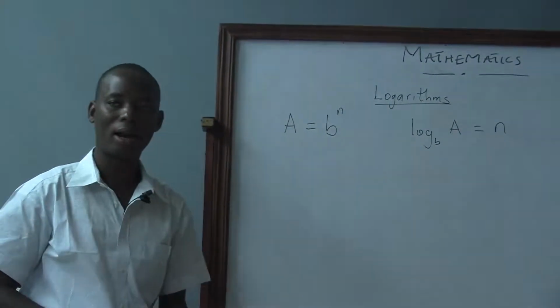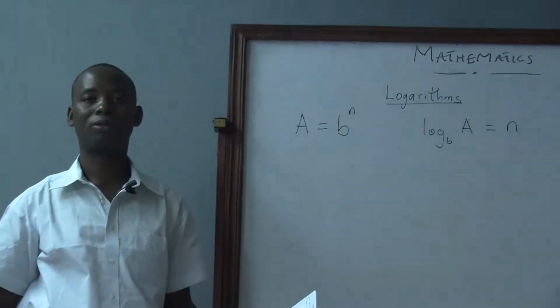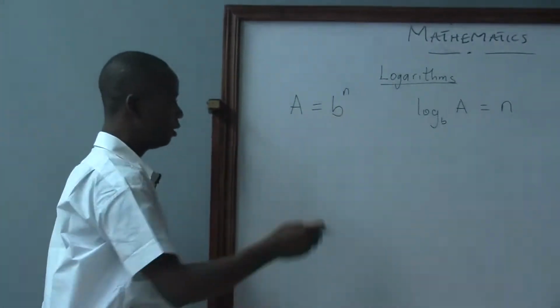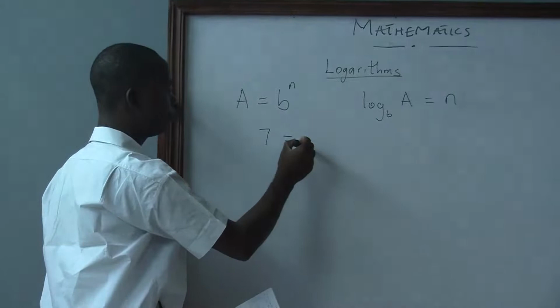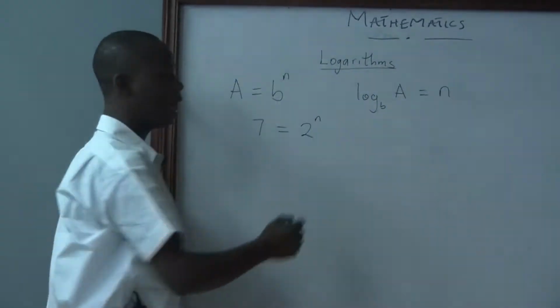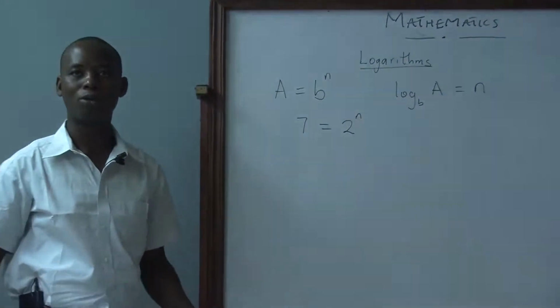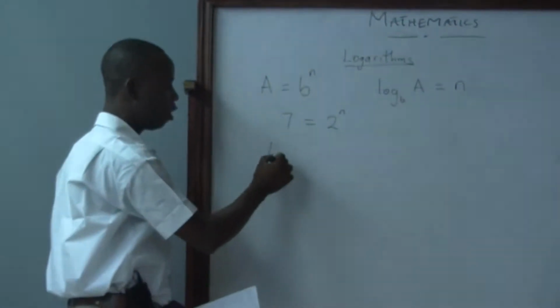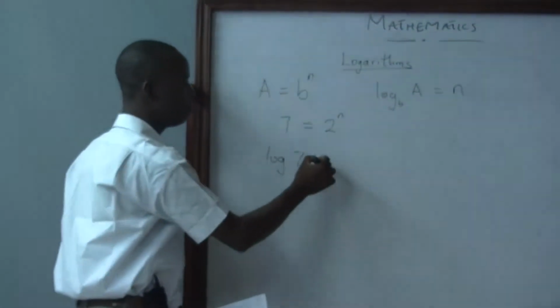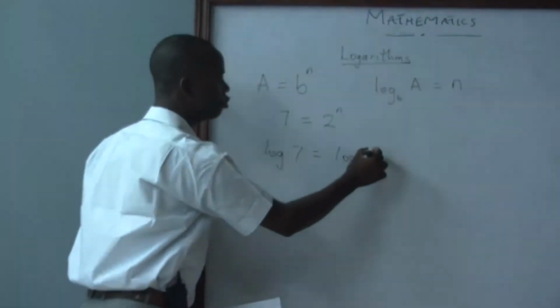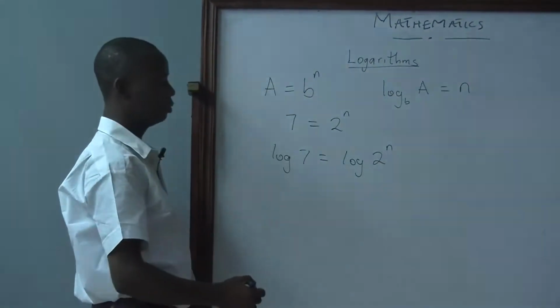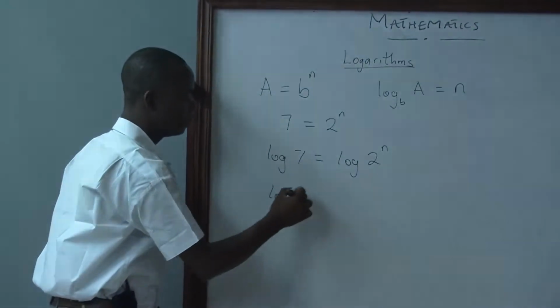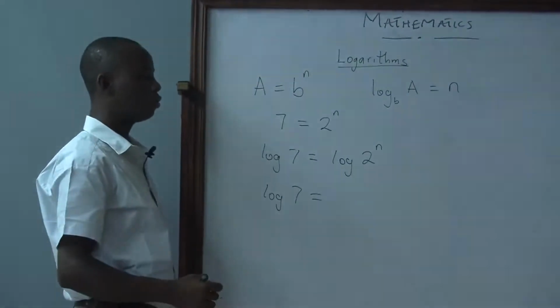I remember that I left something open for us last week, when I said if we have 7 equals 2 raised to the power of n and we have to find n, how do we do it? I said we're going to find the log of both sides. Log 7 equals log 2 raised to the power of n.